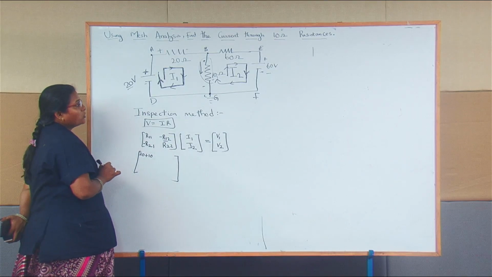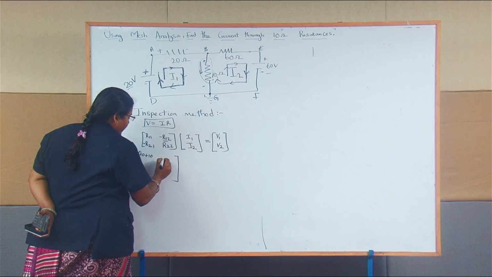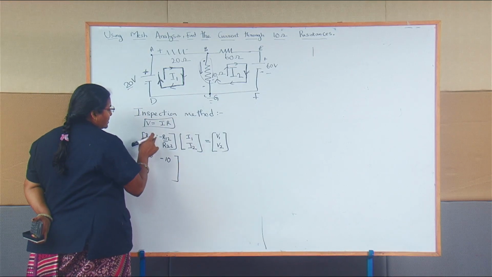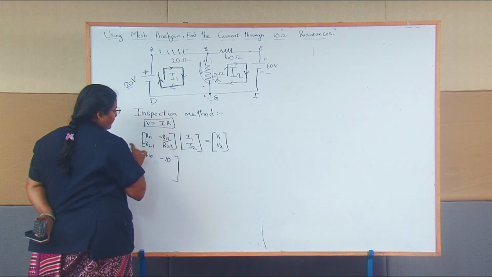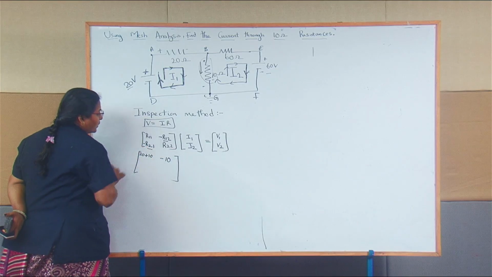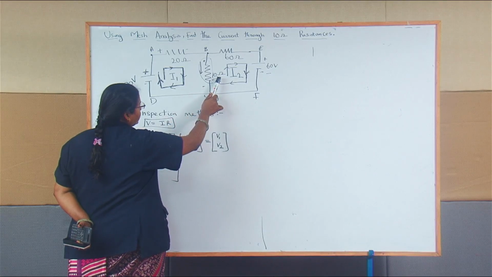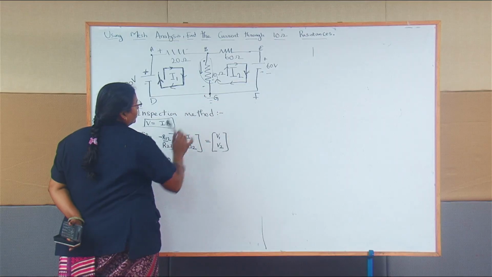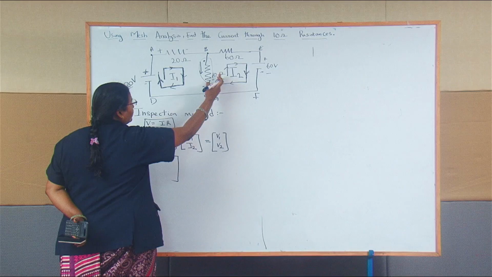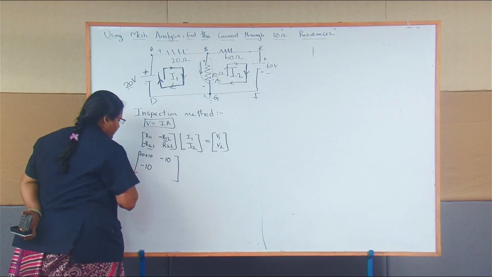R12 means the resistance common to loop 1 and loop 2. Here it is 10, so you have to put minus 10 because in the formula itself we mentioned minus. Then R21 is the resistance present in both loops. Here it has 10, right? This is the second loop, this is the first loop. So the 10 ohm resistance, minus 10.